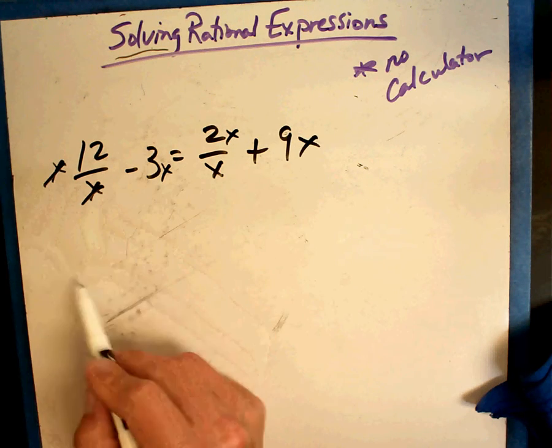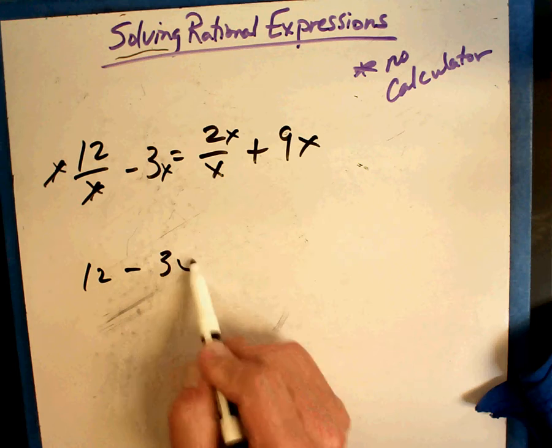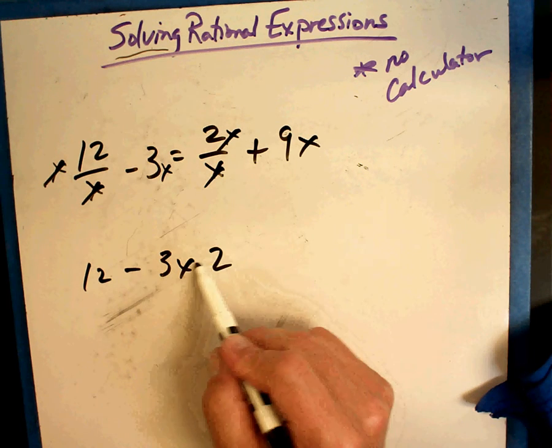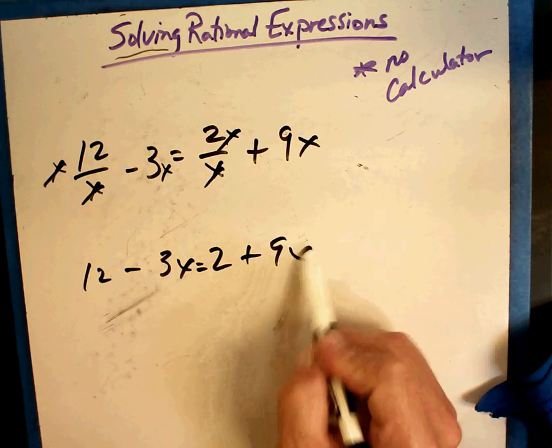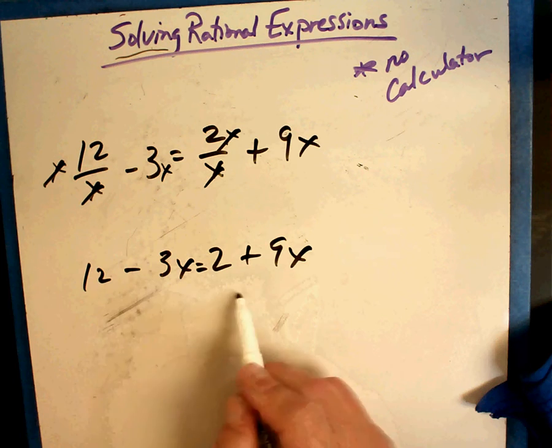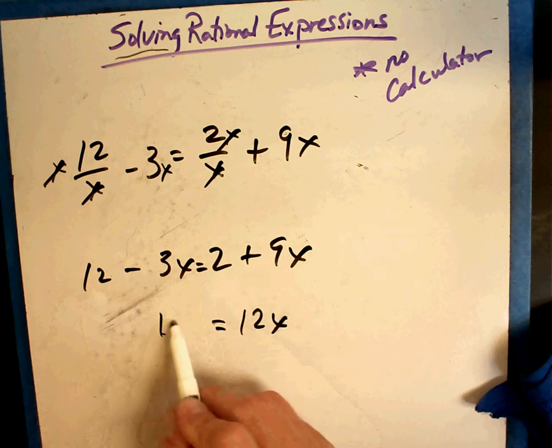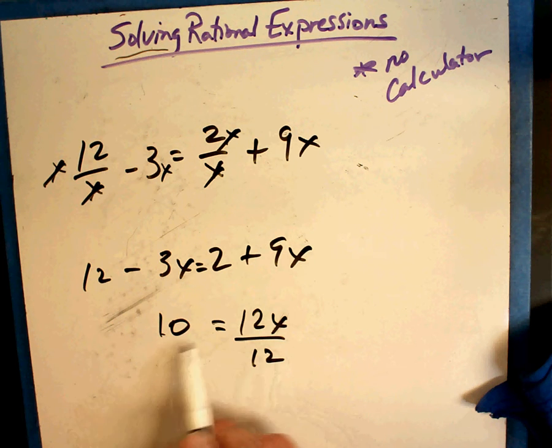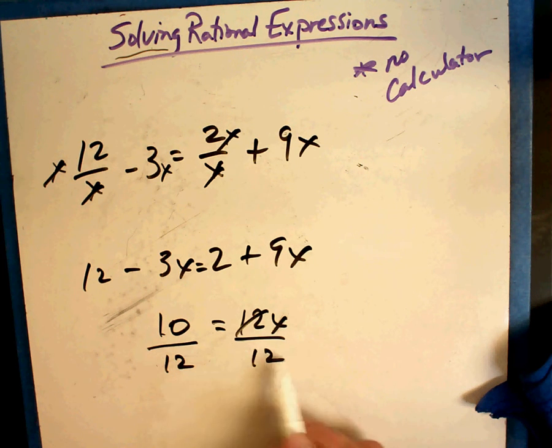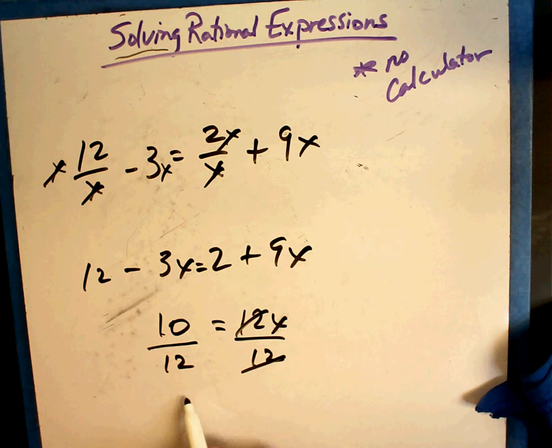X is gone. X is gone. And so when I solve it, I add over, that's 12x equals 10. Divide by 12. Reduce, that's 5/6. So x equals 5/6.